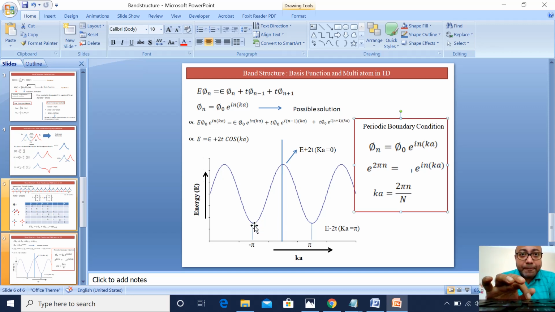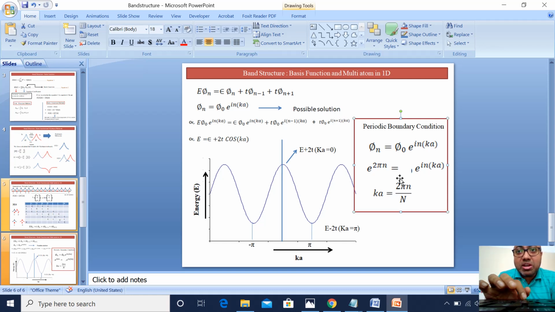Now the question is, with this range from minus pi to plus pi, how many solutions are there? Can you calculate it? You can, because this range is 2 pi. And what is the minimum distance from one discrete level to another discrete level?